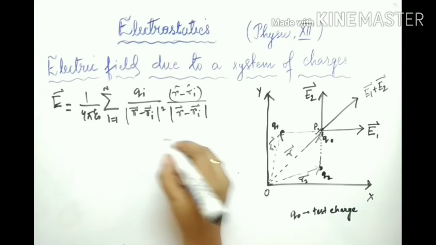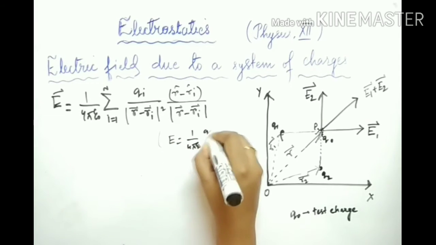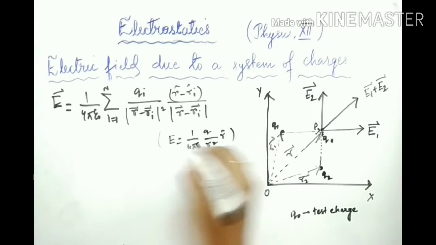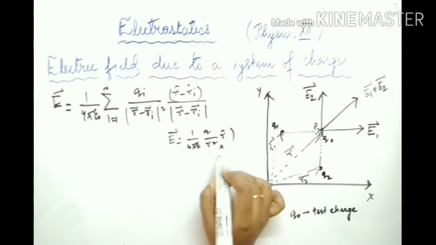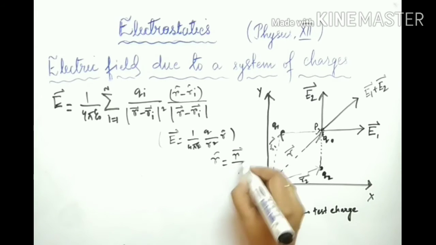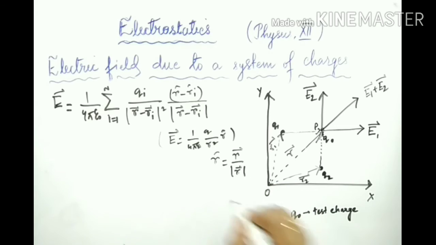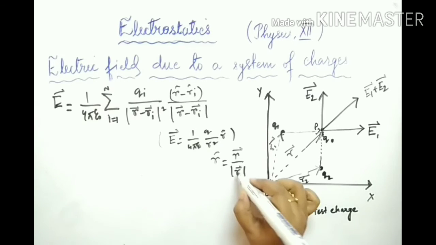We know that the normal formula of electric field is 1 by 4 pi epsilon naught q by r square, r unit vector. And we know that r unit vector equals the r vector divided by the mod of the vector. We have learned all these things in class 11.